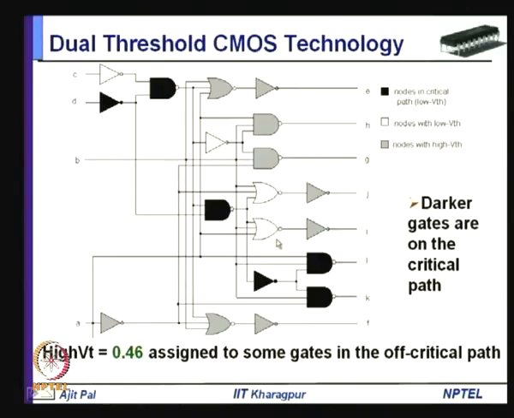So only a fewer number of gates you can assign high VTH, obviously that will lead to reduction in leakage current, but some gates you cannot assign high VTH. So, we find the number of gates to which you can assign high threshold voltage is reducing as you increase this threshold voltage.